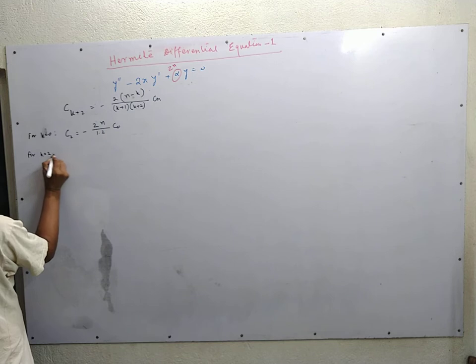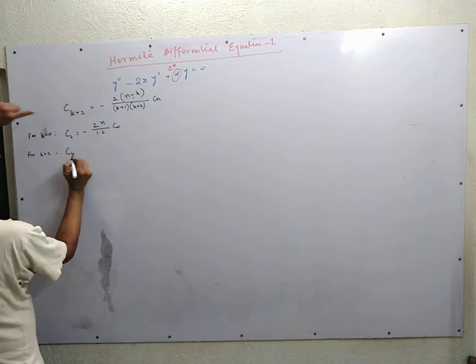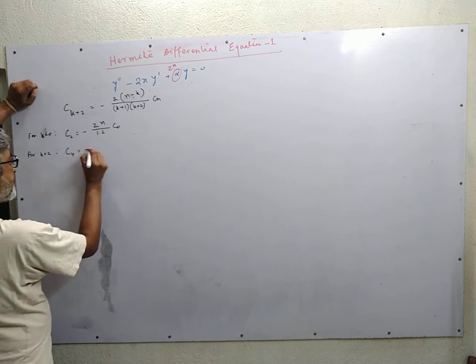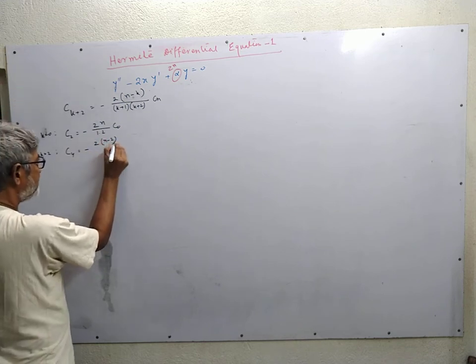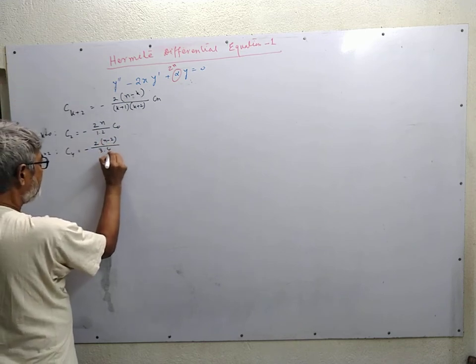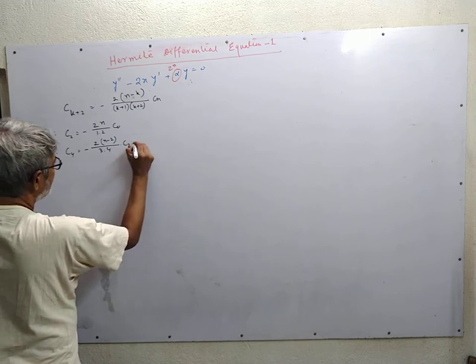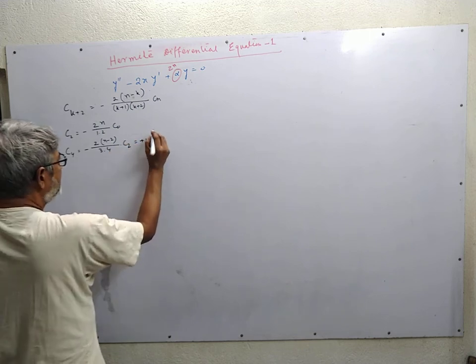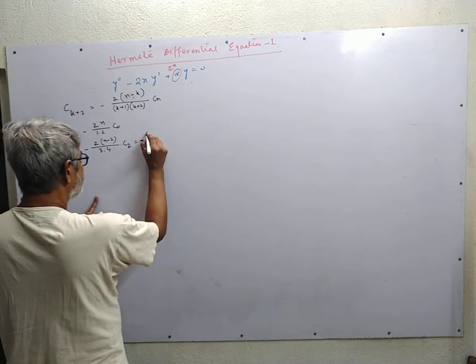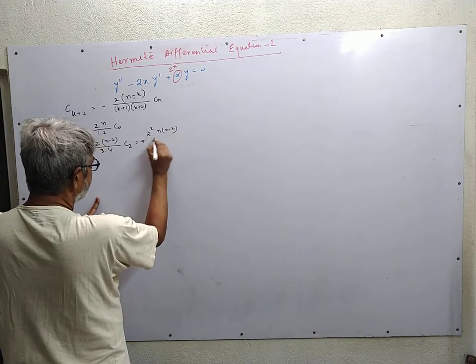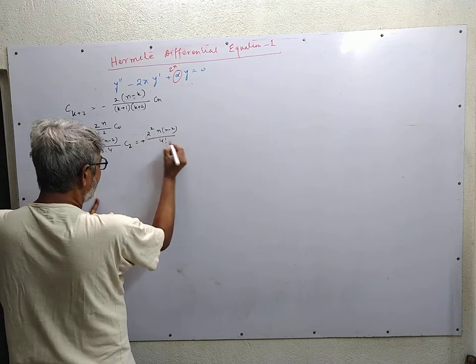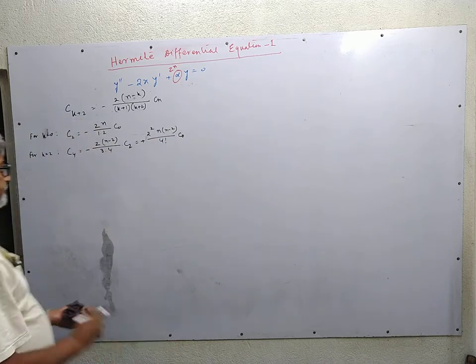For k equal to 2, we have C4, this is minus 2 times n minus 2 by 3 into 4, C2, this is plus 2 square n into n minus 2 by factorial 4, C0.